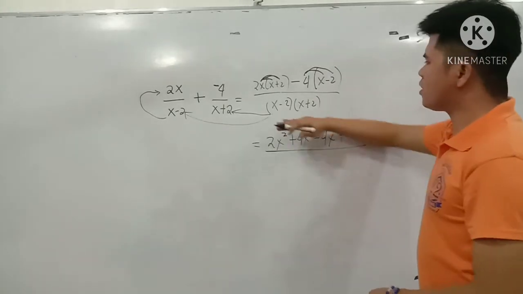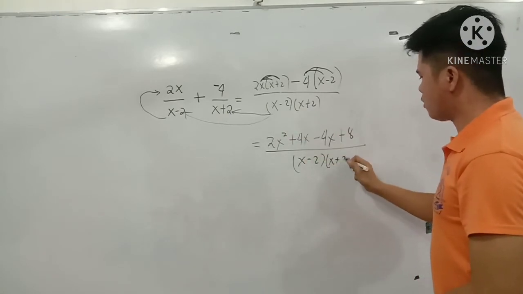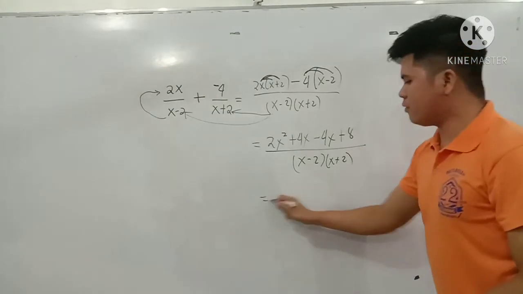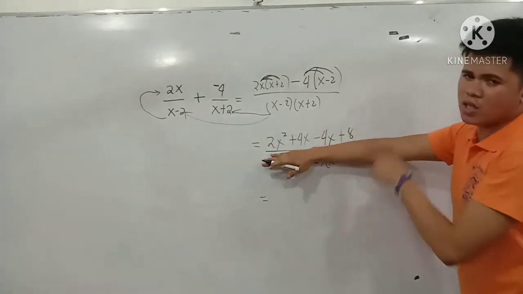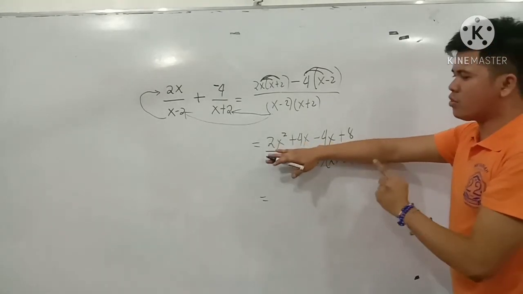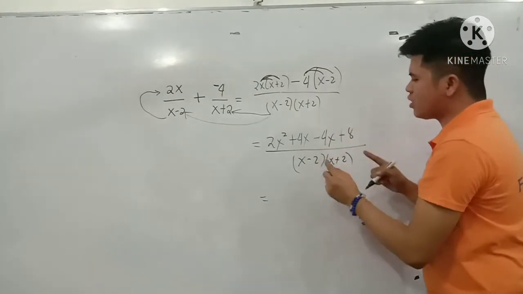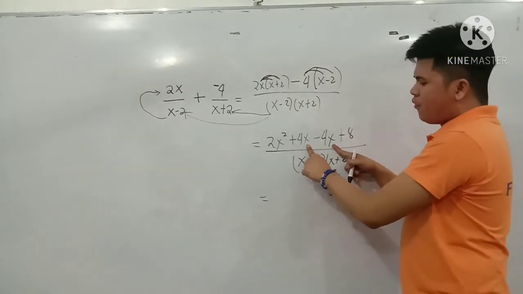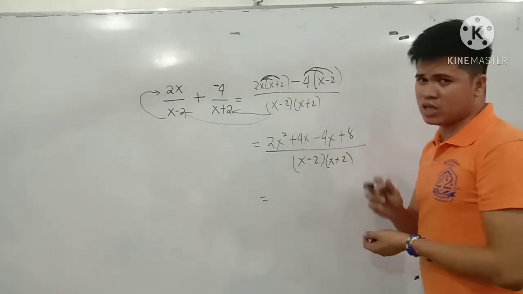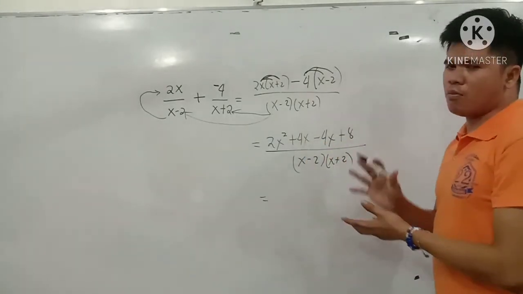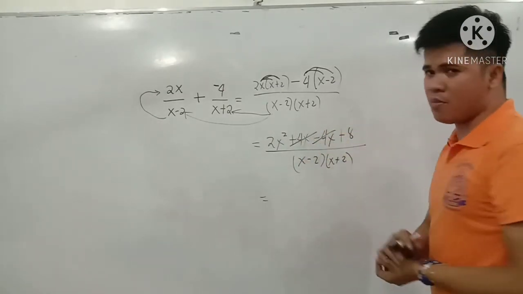Then, copy the denominator, x minus 2, x plus 2. And then, observe, our numerator still has like terms. This one, our 4x and negative 4x. They are like terms, it is because their variable is the same and the exponent is also the same. So, we have to combine. 4x minus 4x is simply 0. Am I right?